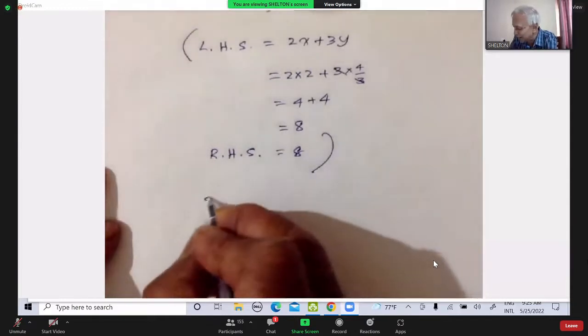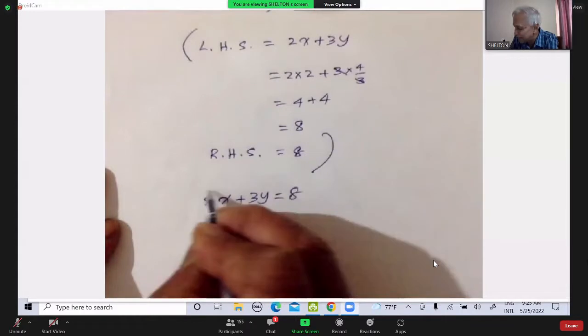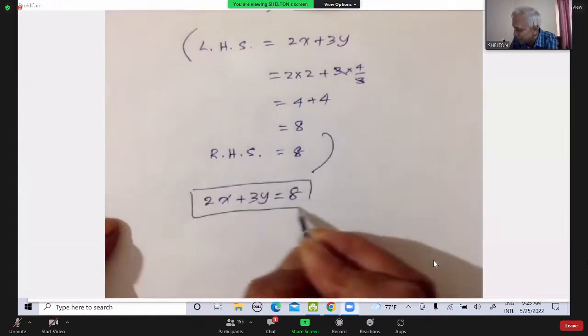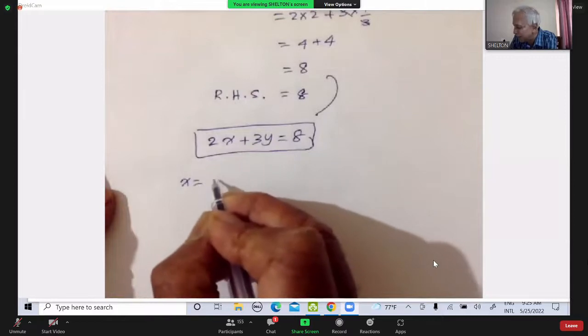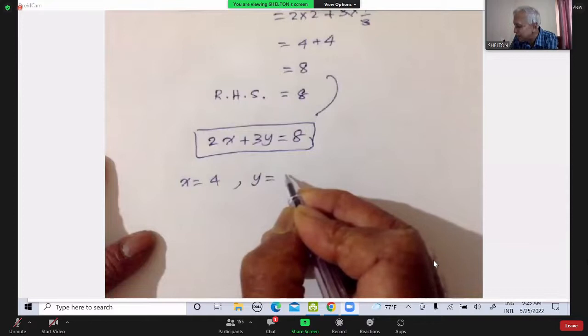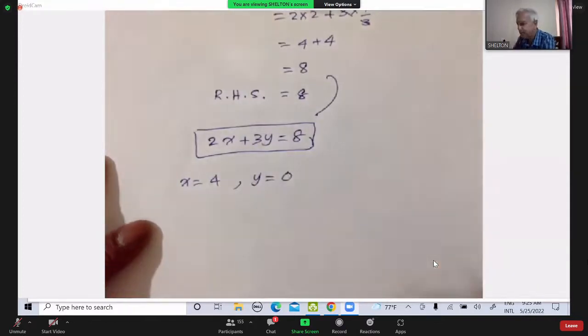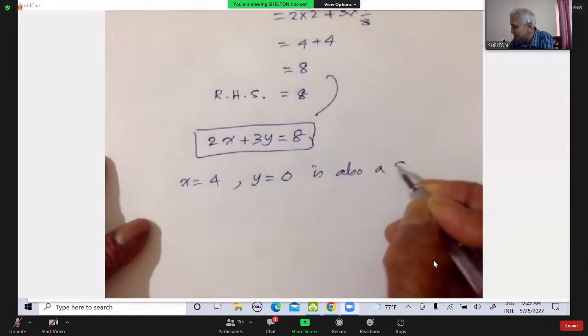Let me write the equation again. 2x plus 3y equals 8 is the equation. So you are saying x equals 4, y equals 0 is also a solution.